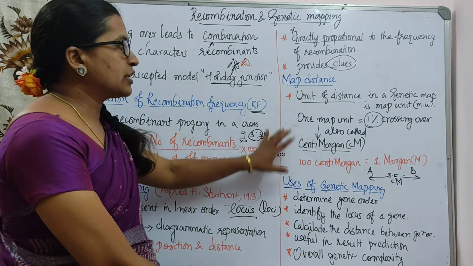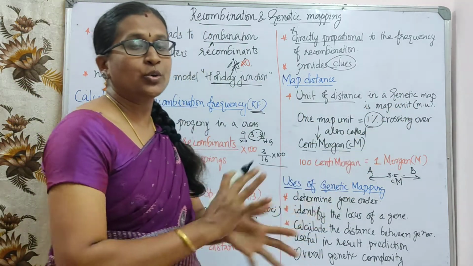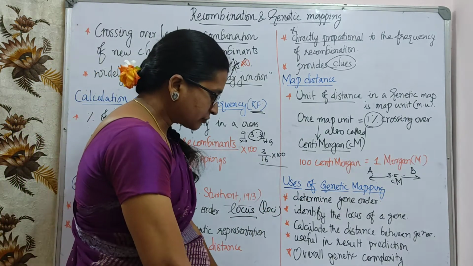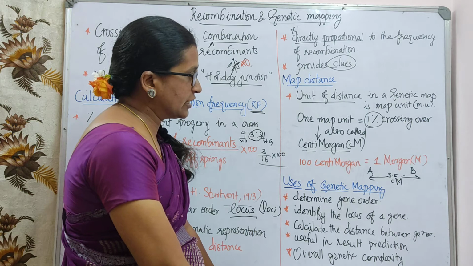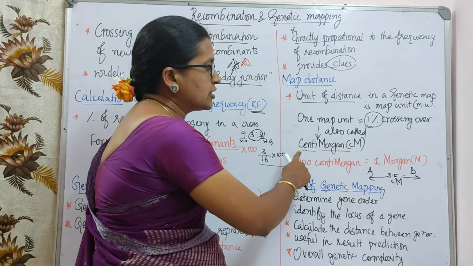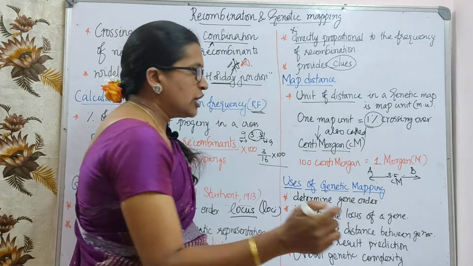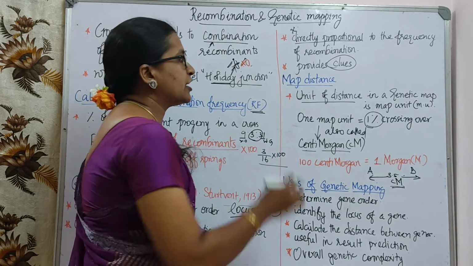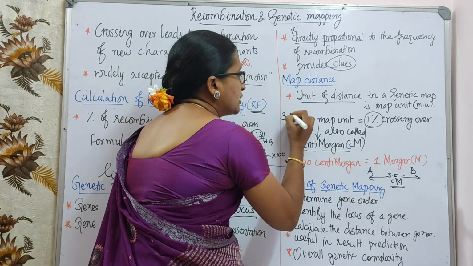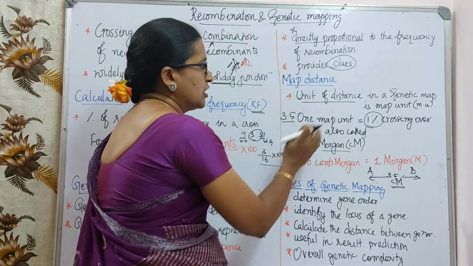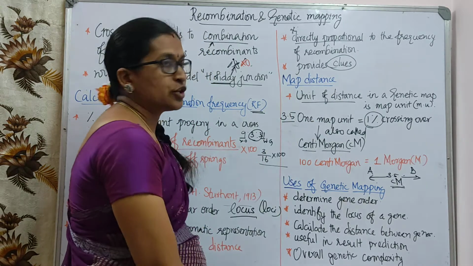So how will you calculate? First, one map unit is also called 1 centimorgan. So 3.5 centimorgan we can represent as 3.5 map unit.